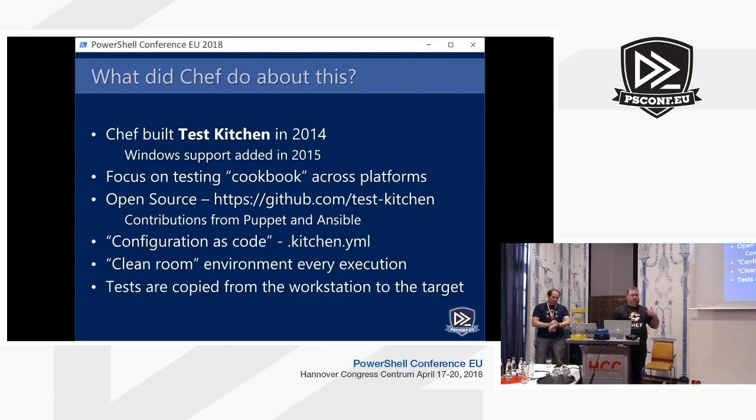So we don't want one execution to follow another and inherit something bad that the previous execution did. And Test Kitchen really helps us transport those tests from the workstation we're working with to a target machine so that we can execute those tests and get a result.